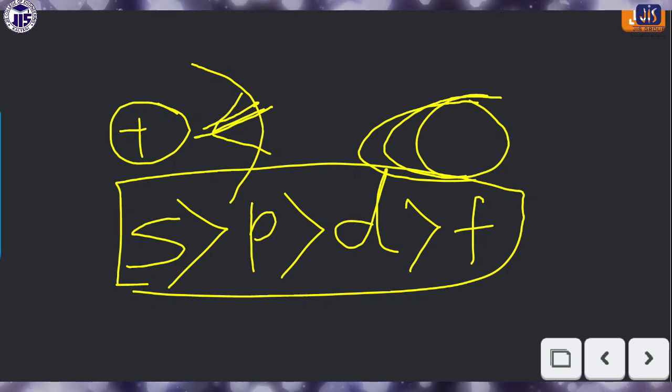So this is the overall syllabus of your periodic table. You have to keep in mind that the difference between electron affinity and electronegativity is very, very important. Ionization potential we discussed in the previous class, and you also have to know what polarization is and how polarization affects the covalent character of a particular bond.